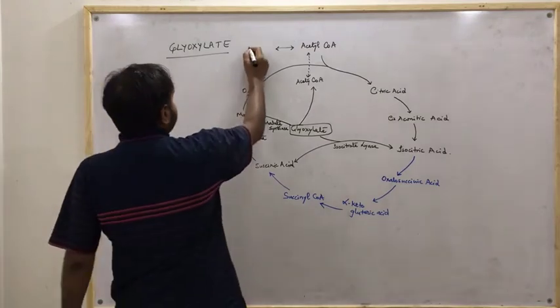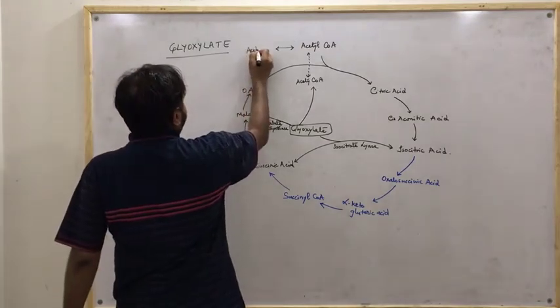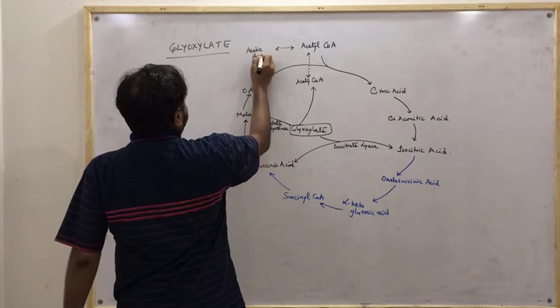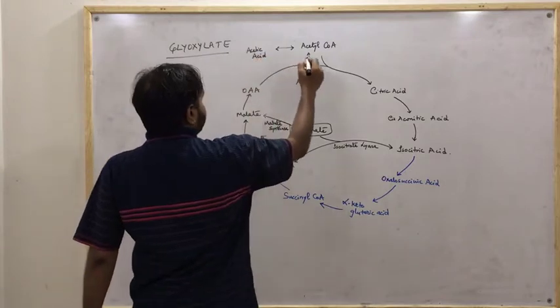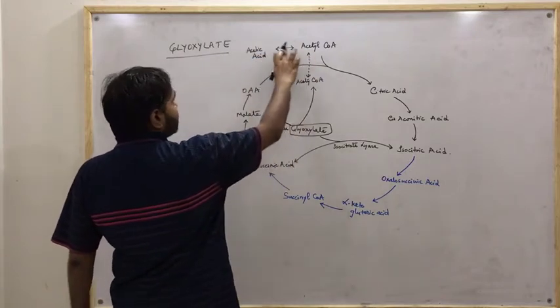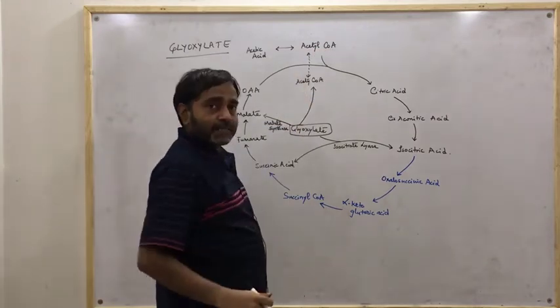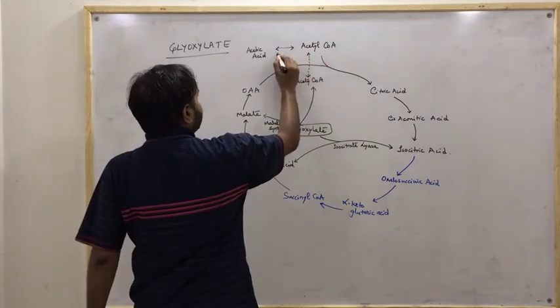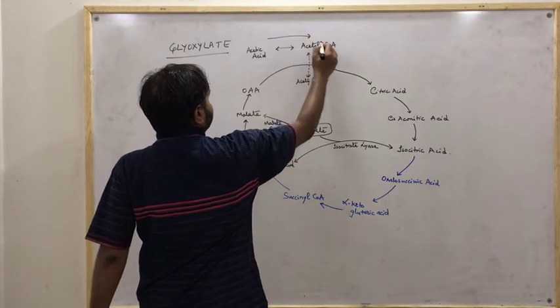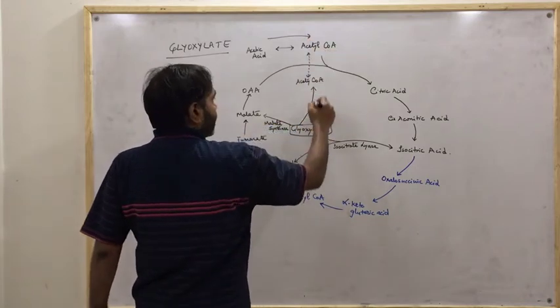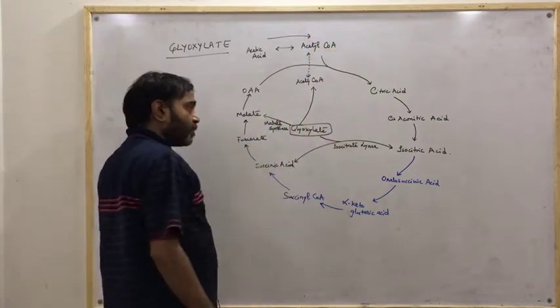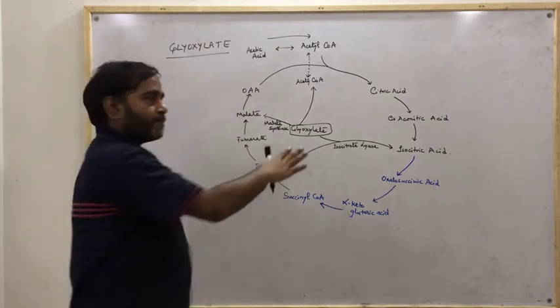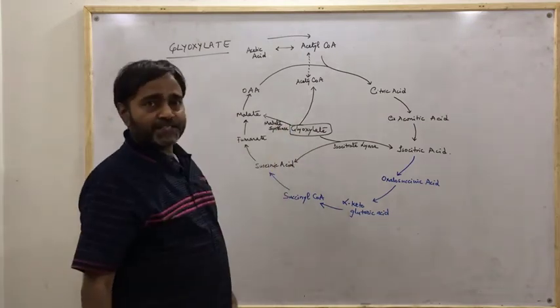So from there it is possible that acetic acid gets converted into acetyl CoA, and by using the glyoxylate pathway or this bypass, the energy can be generated.